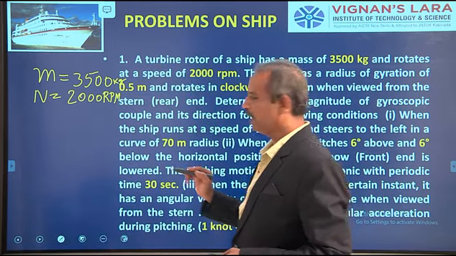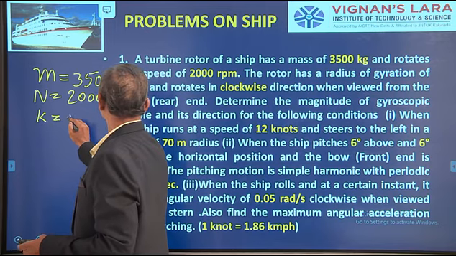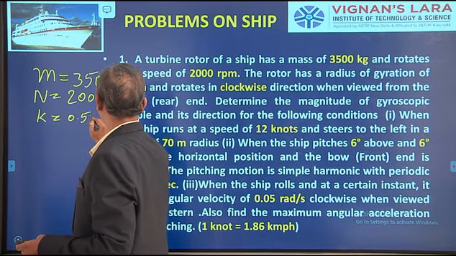Then radius of gyration K is 0.5 meters.